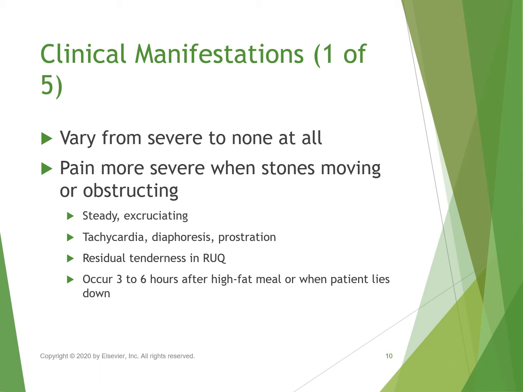Remember, the whole function of the gallbladder, it produces and stores bile. Bile is secreted to emulsify fat. It breaks down fat. So if you consume a fatty meal and your gallbladder is not working properly, it can't secrete the bile like normal, that could definitely cause a flare-up of the pain.